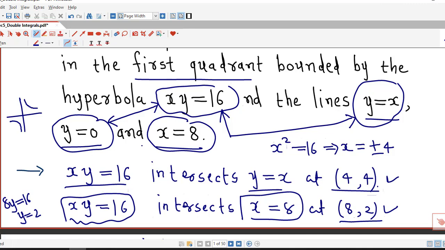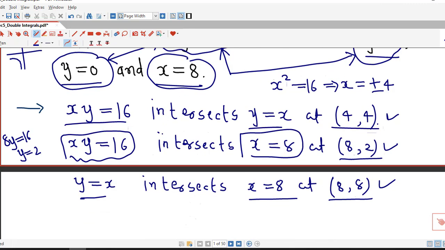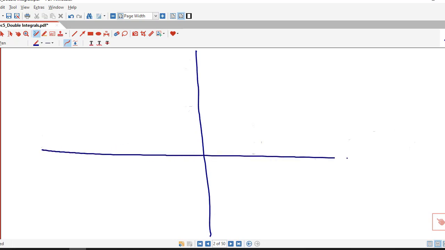With this in mind, we can sketch the region of integration. We have to sketch the rectangular hyperbola and those three lines. First, suppose this is the xy plane, this is the y-axis and this is the x-axis, and we have to consider appropriate scales.